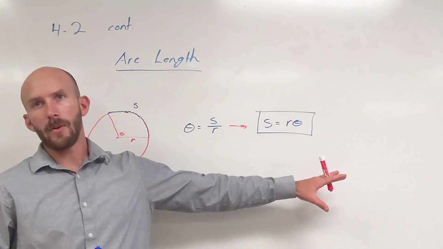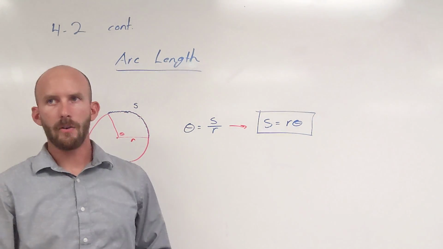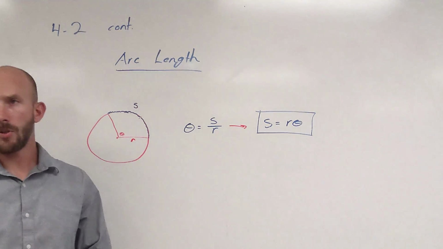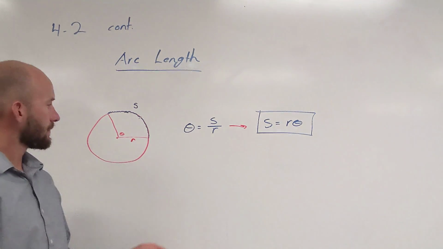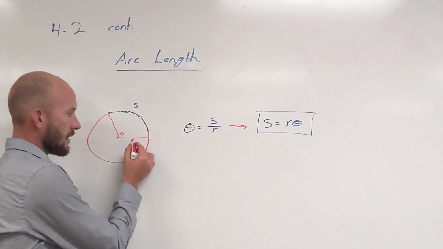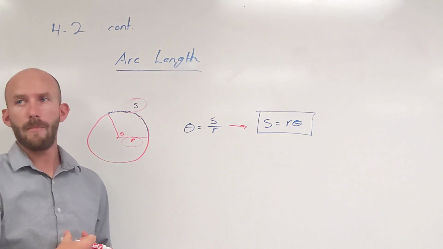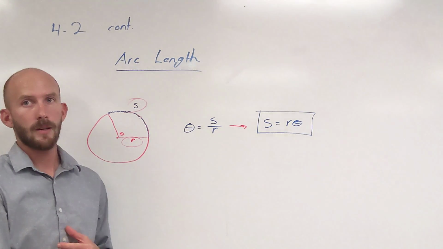We've got to understand how to use formulas, not just plug whatever numbers we've got into them. One thing I mentioned earlier in section 2: notice that our radius and arc length are both measurements of distance, right?